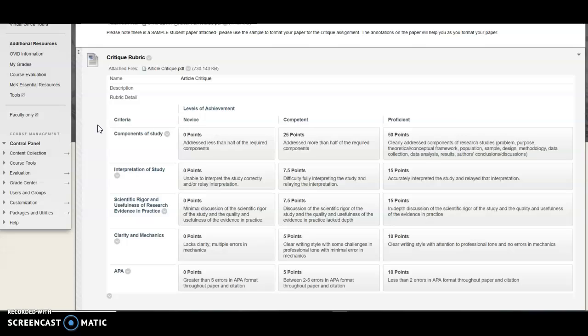And when we are looking at how your paper will be graded, really focus on each component of the research study and use the questions from the guide to actually help you decide what to include in each component.